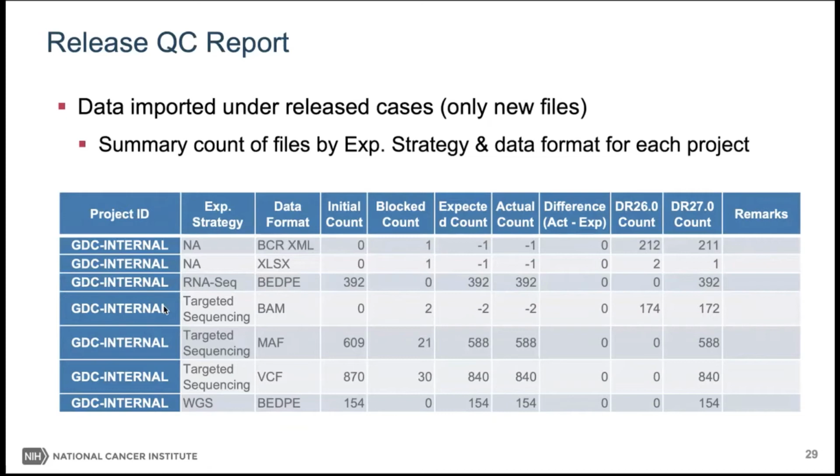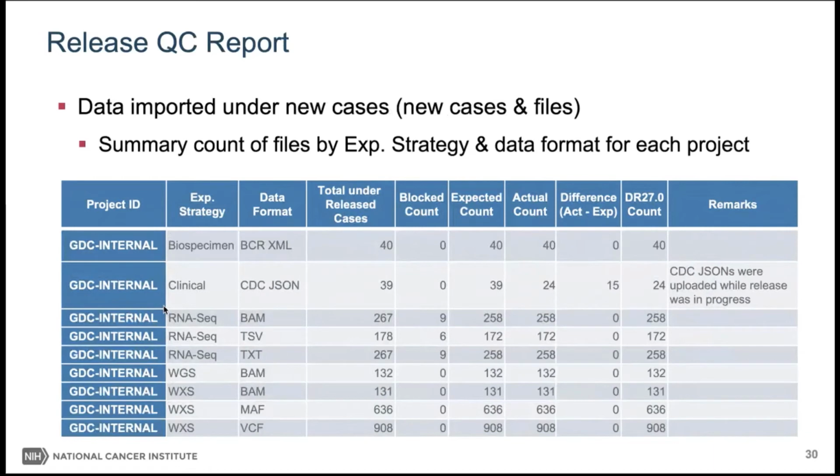However, if it's a positive number, it suggests more than the expected files are released and helps to track down those unwanted additional files. On the other hand, if it's a negative number, it suggests fewer than expected files are available in the new indices, which again helps to track down which files were missed from being released. Next slide, please.